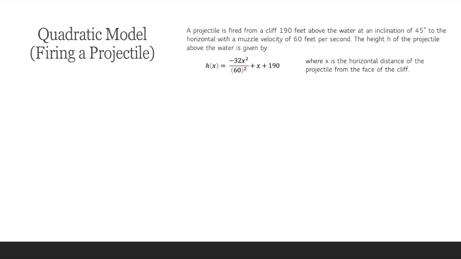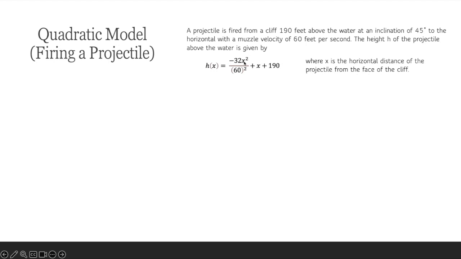The height h of the projectile above the water is given by this equation. When you pay attention, this is a quadratic equation because your variable x is squared. And what is the meaning of x? x is the horizontal distance of the projectile from the face of the cliff.